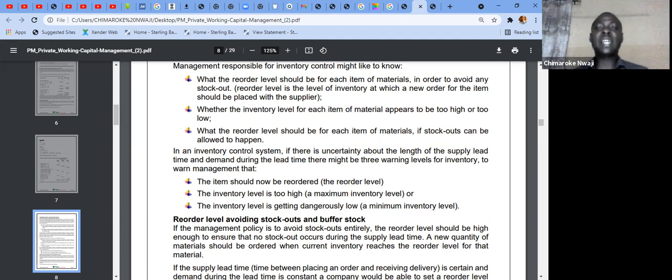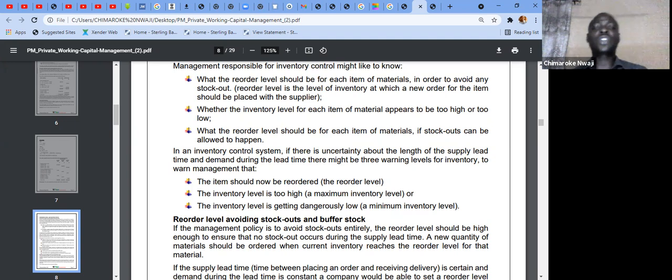Now, whether the inventory level for each item of material appears to be too high or too low, management is responsible for controlling it. So you don't want too low inventory, you don't want too high inventory. All right.